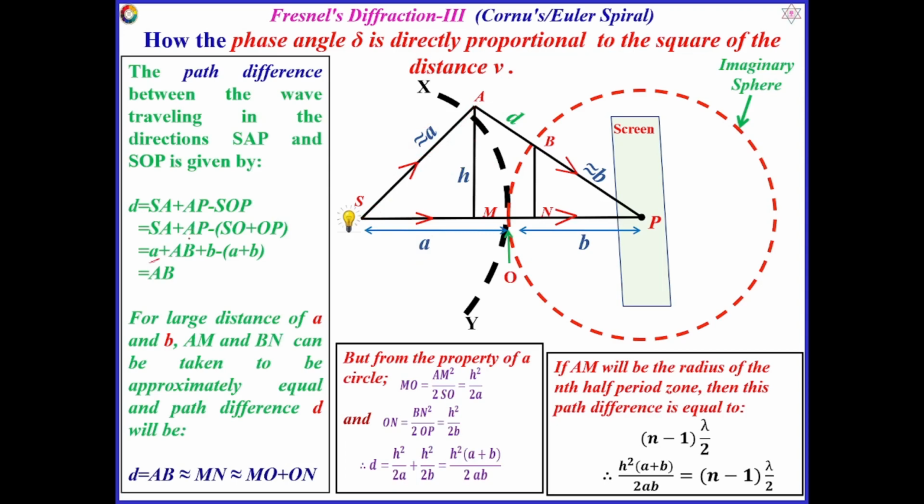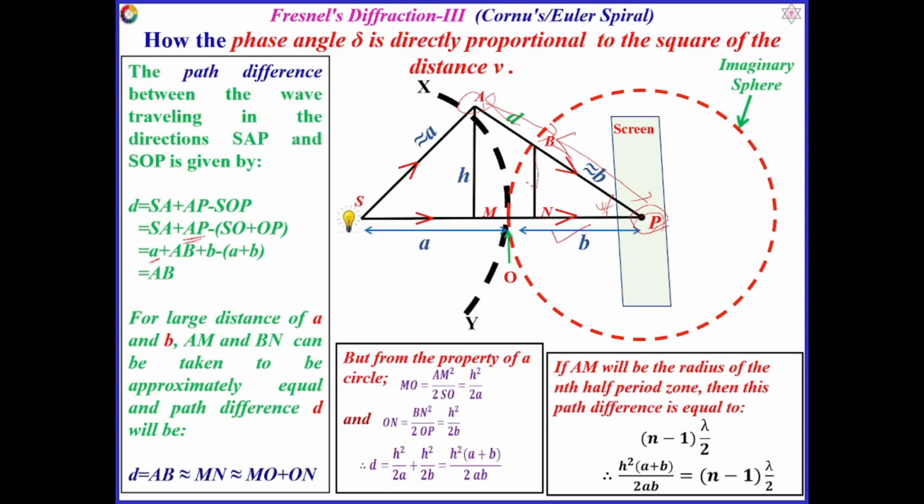Then AP, carefully observe, the A to P distance is nothing but AB plus BP. Likewise, if this is a small angle, then BP will be approximately b.